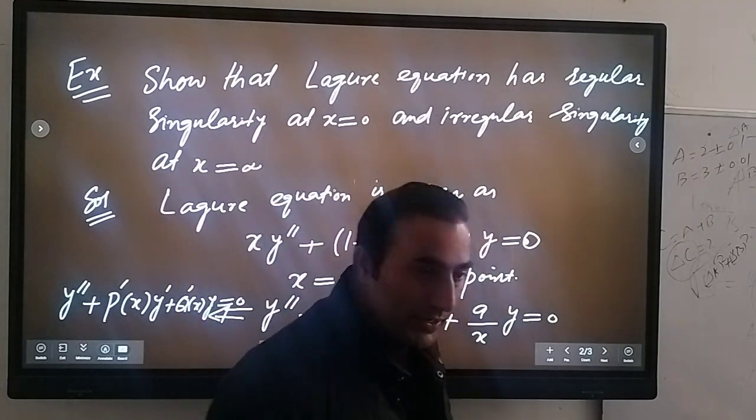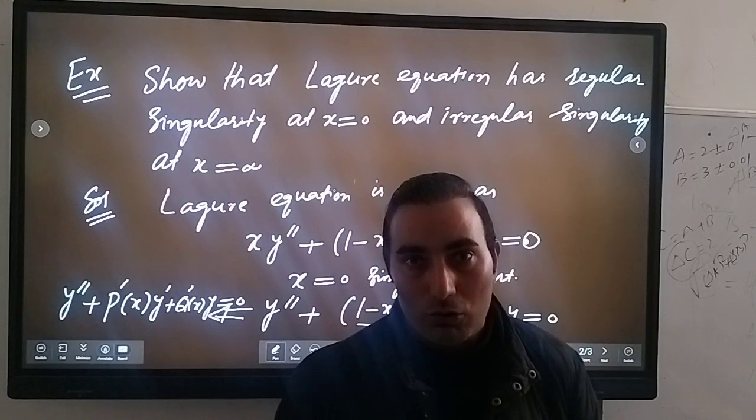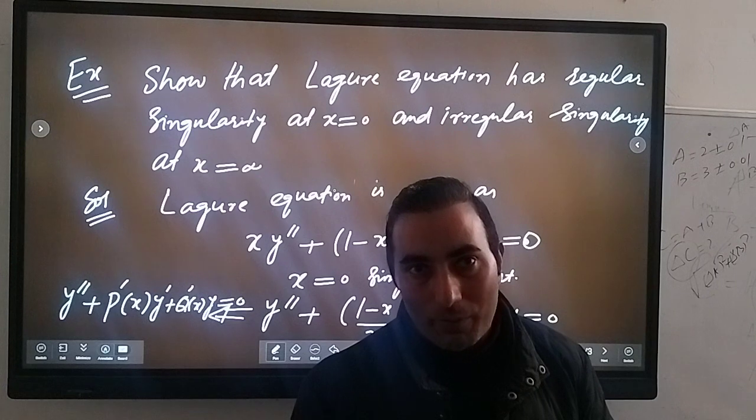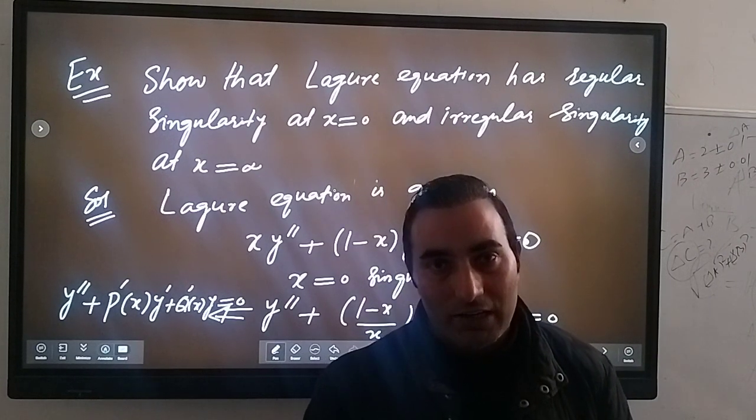Now we have already checked that it has a singular point at x equal to 0. So our x naught equals 0, because our limit goes from x tends to x naught, and 0 is the singular point for this differential equation.